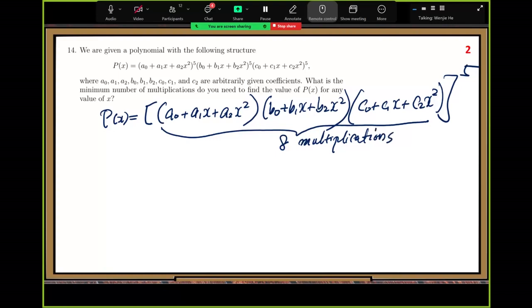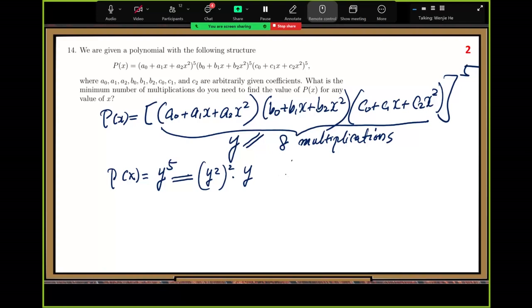So if I use y to represent the number inside the brackets, then p of x is just y to the 5th. Can we write y to the 5th as y squared times y squared times y?